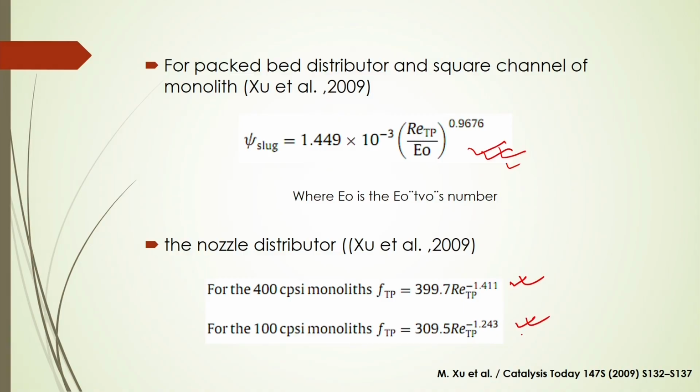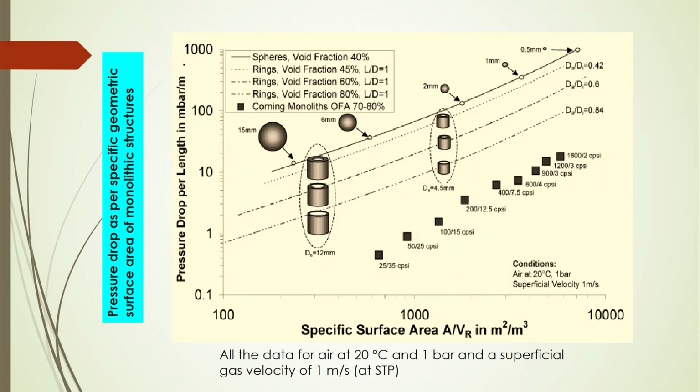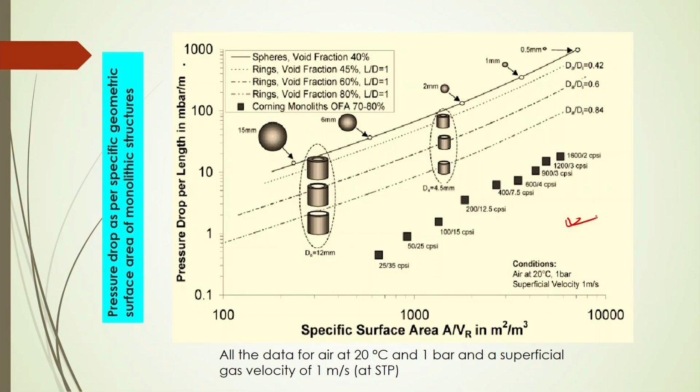And in these slides, you can see the pressure drop per unit length for different specific surface areas, and how you can get the pressure drop at different cell densities, which you can get from these slides.